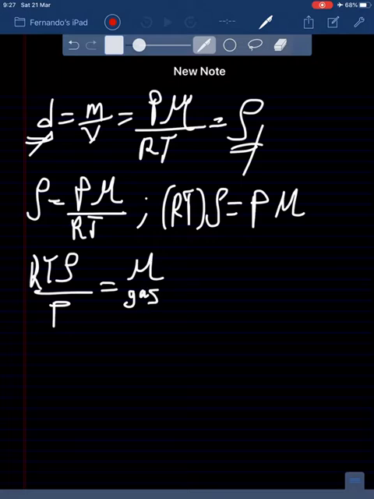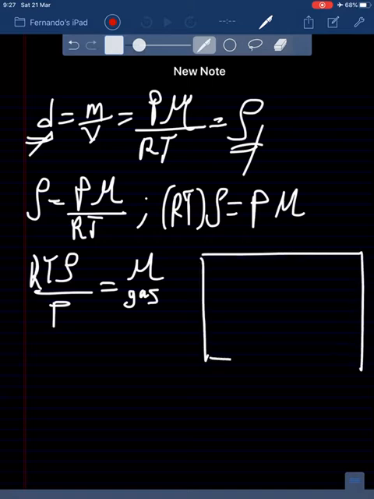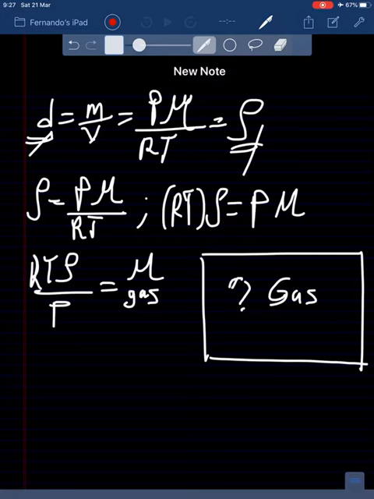And this is pretty cool because imagine that you have a box, and inside of your box you have a mysterious gas. You don't know which gas this is, and you want to find out which mysterious gas you have. Well, you have to measure some properties in order to identify which gas you have here. How are we going to identify it?